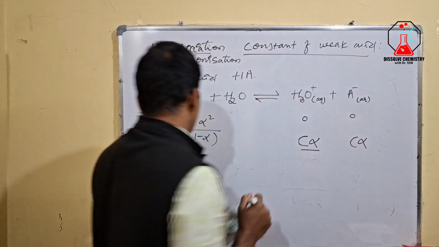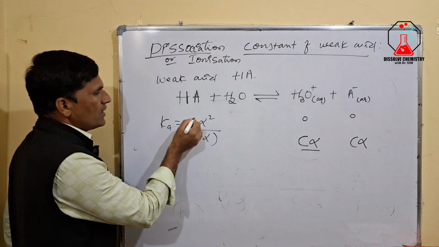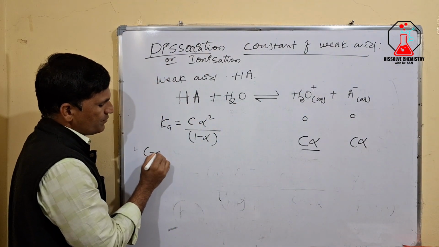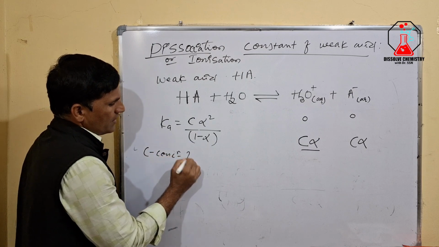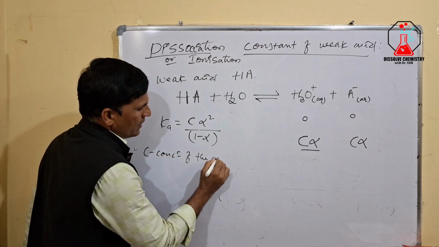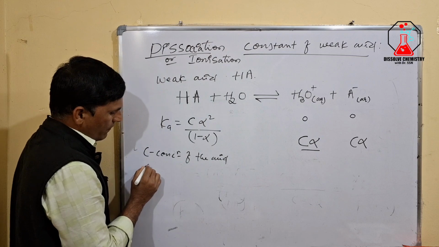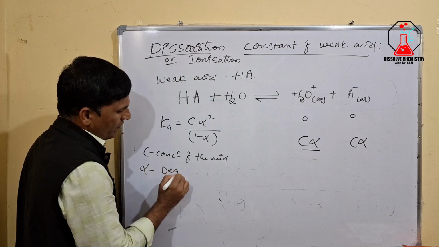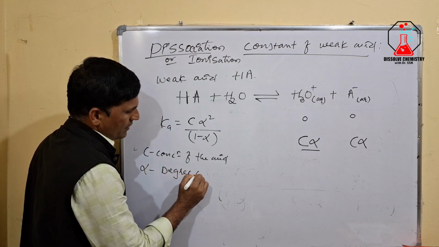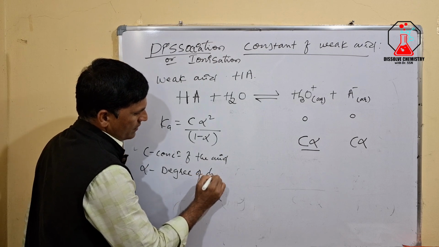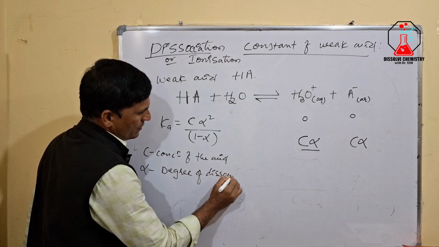Let us define the terms, where C is the concentration of the acid and alpha is the degree of dissociation or ionization.